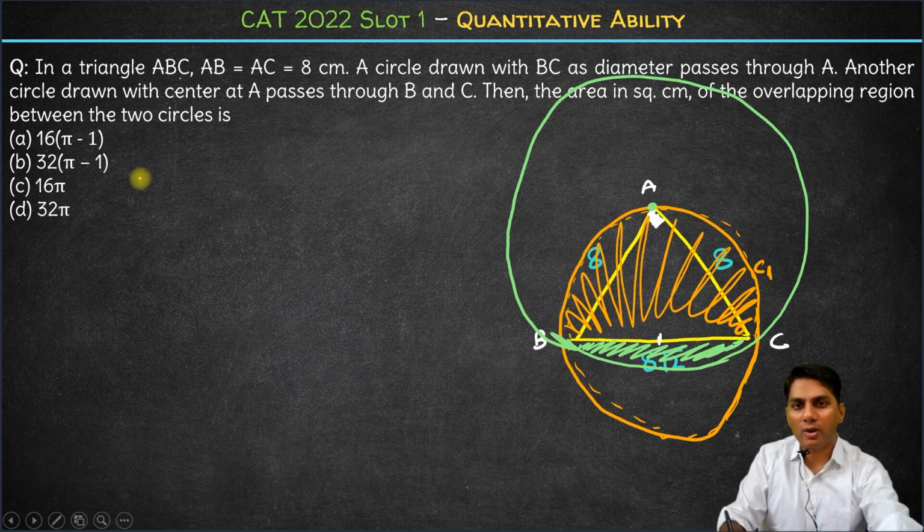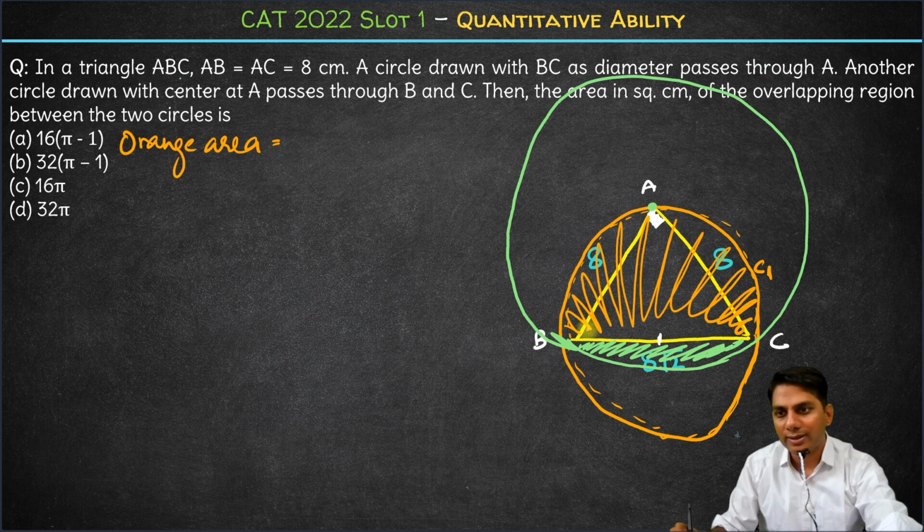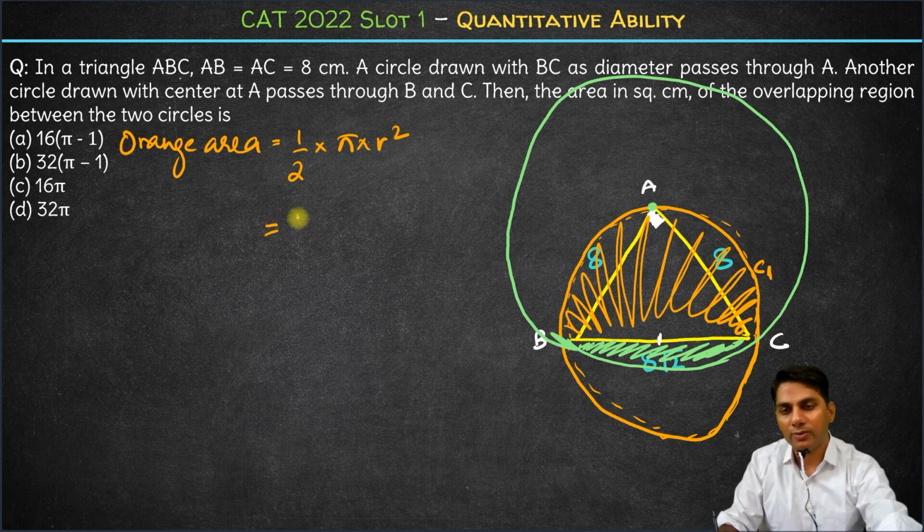Now let's talk about the orange region first, the area shaded in orange. Now this is basically the semicircle of the smaller circle with BC as the diameter, right? So area will be half of the area of the whole circle, which is pi r square. So half of pi into, what is the radius of this circle? Radius is half of 8 root 2, which is 4 root 2.